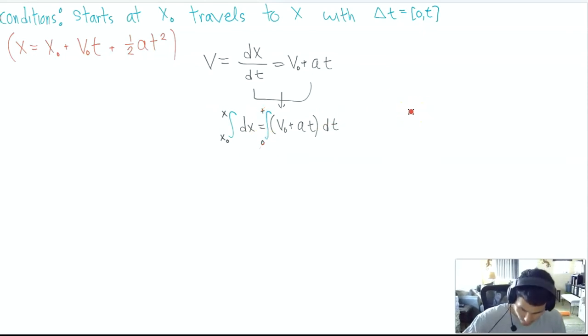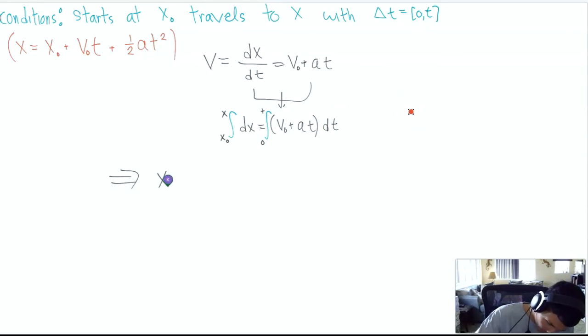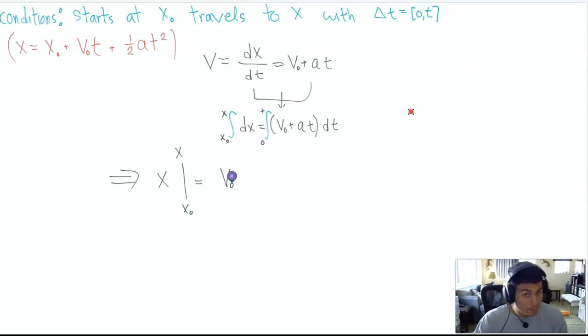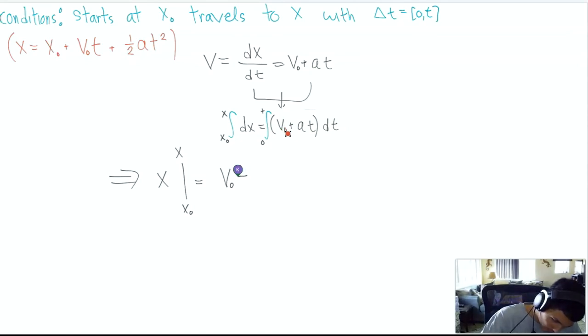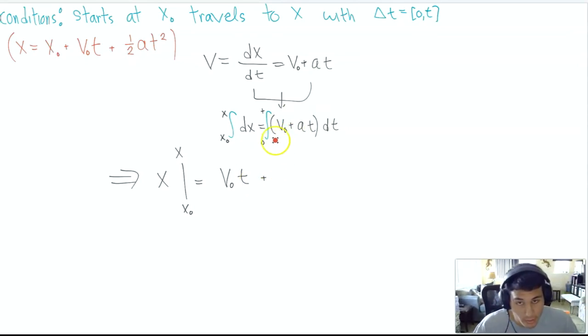Okay, well if we integrate all this, what do we get? Well, we get x from X to xo is equal to VO plus, oh, remember this is an integral, so there will be a t here because it's integrating, right? That's how it works.